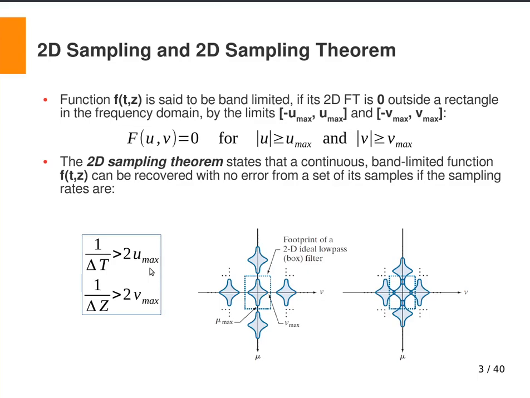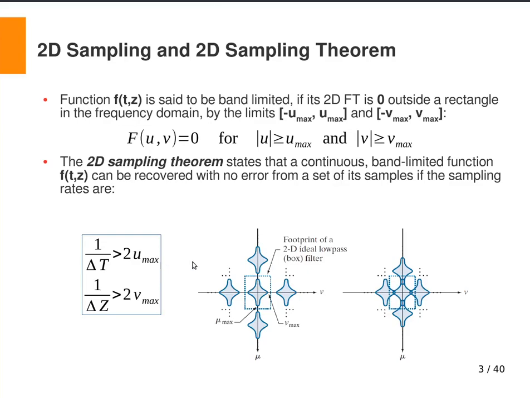Like before I start the new topics, let's just go briefly over what we discussed last time. The first thing that I want to cover is the concept of 2D sampling and the 2D sampling theorem. If you remember, if we have a function f of two variables t and z, we say that the function is band limited if its frequency components fall within a specific range.